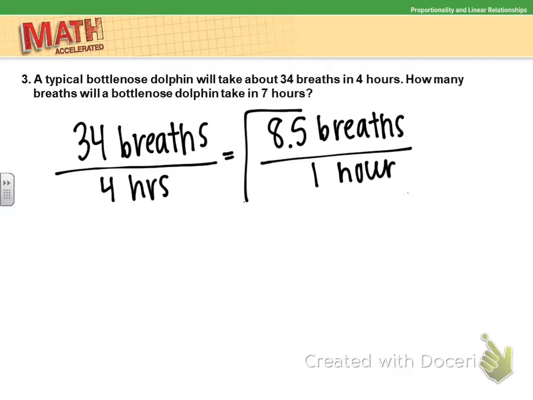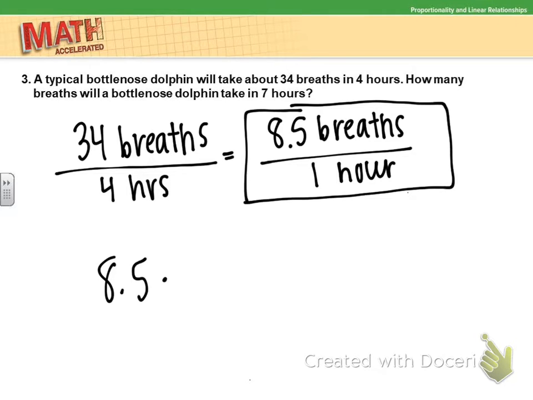Christian, listen up. So if a dolphin takes 8.5 breaths in 1 hour, now it wants us to find how many breaths a bottlenose dolphin will take in 7 hours. How do we find that? We need to multiply, right? Because we know 8.5 for 1 hour, so we need to multiply 8.5 by 7 because we want to know 7 hours.